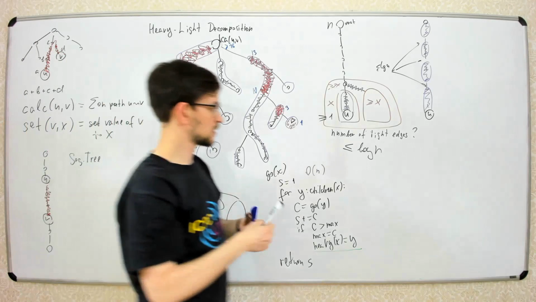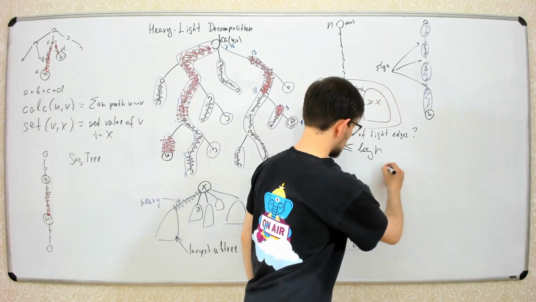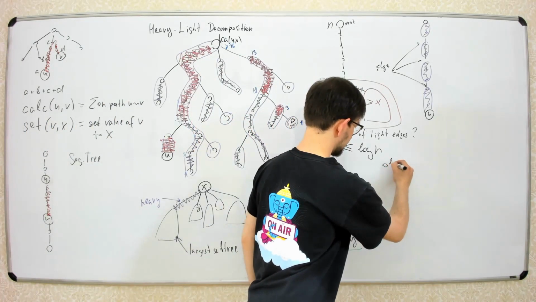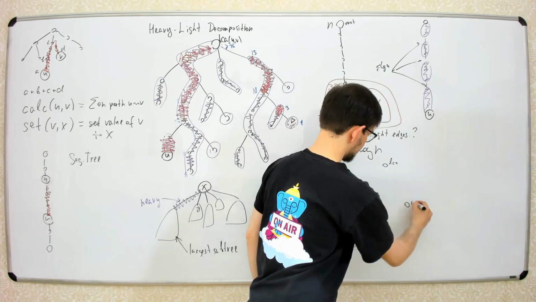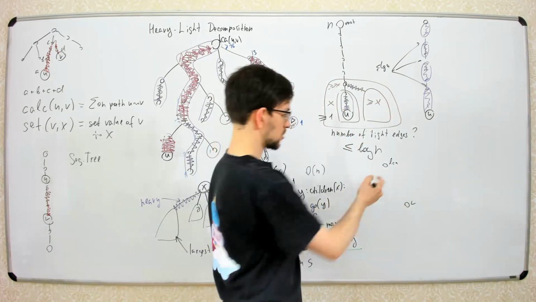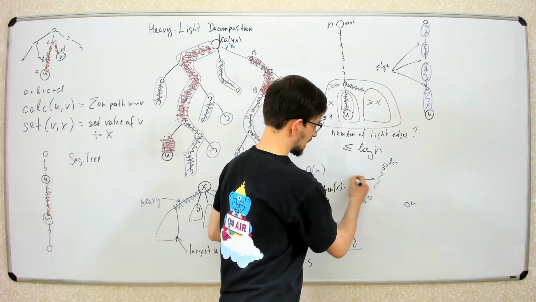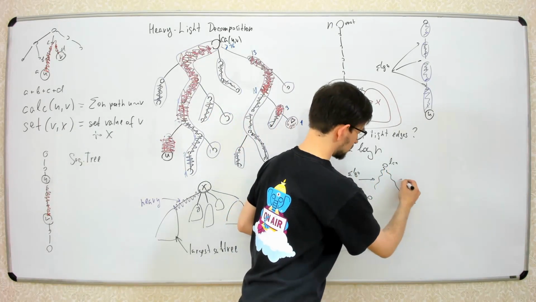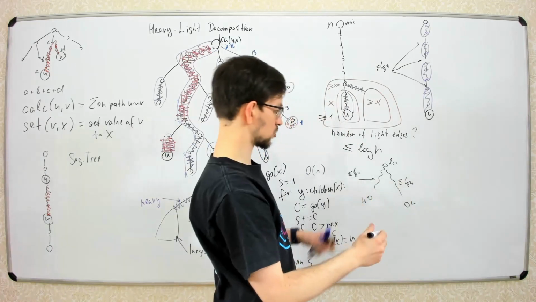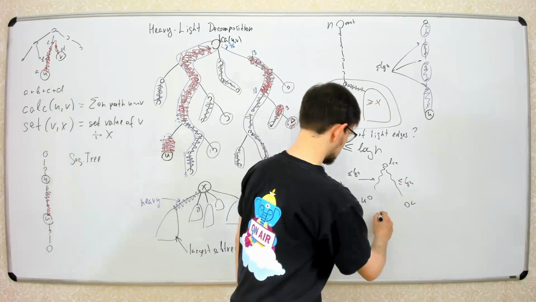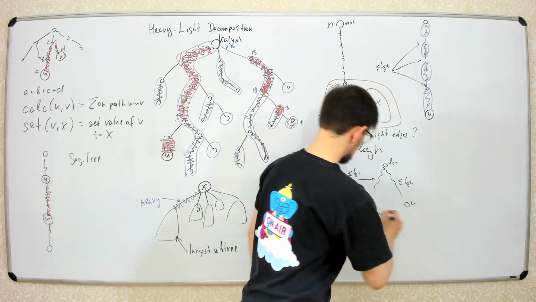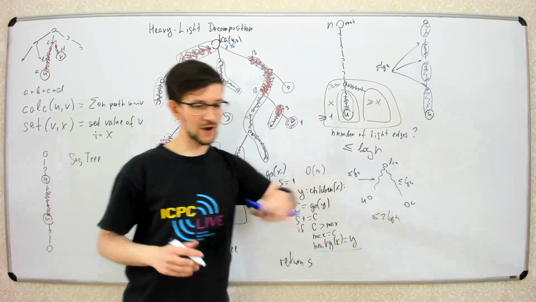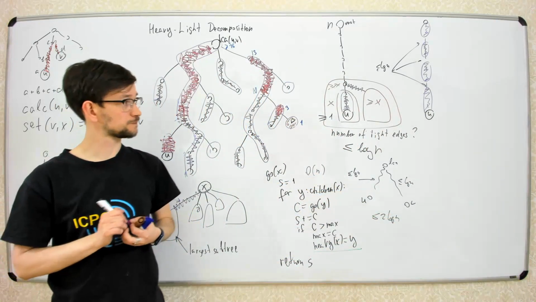So you start from U, go to LCA, and then go to V. So here you have up to log n heavy paths, and here you have up to log n heavy paths. So the total number of these paths will be up to 2 log n.